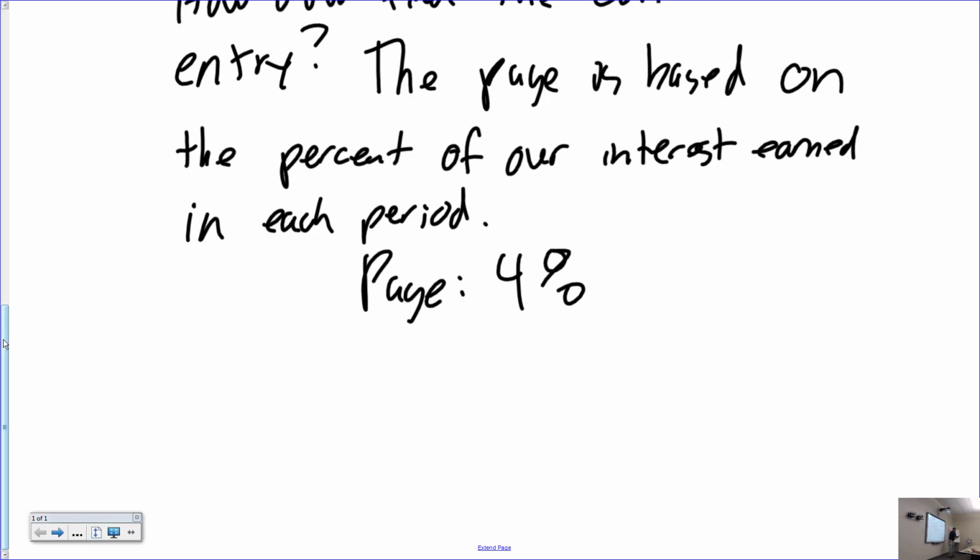Now, guess which one of these columns we're going to use based on the title of the column along the top? Compound value, because what are we calculating here? The compound interest, and hence the compound value. So we are going to use the first column. Now, the first column over to the far left is the number of periods. How many periods were there in our example? 4.